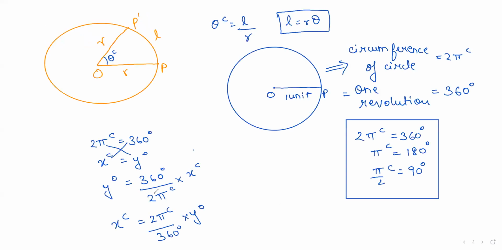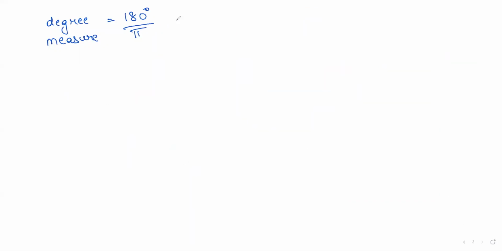So, degree measure is equal to 180 degree upon pi. I've reduced it, so 2 cancels and this is 180 degree, and this is radian into radian measure.